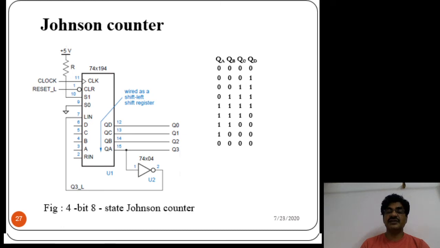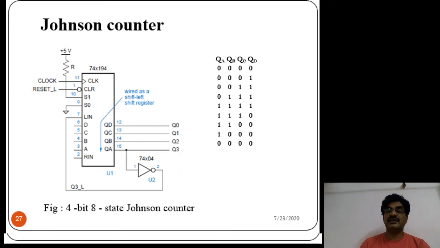Then it shows the left shifting operation. In the left shifting operation, if you connect the MSB bit to the LN through a NOT gate, what happens? A logic 1 is applied at the LN.